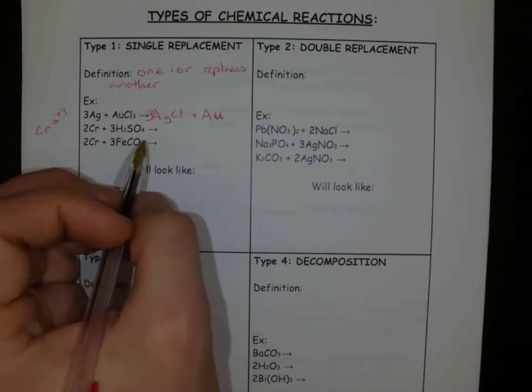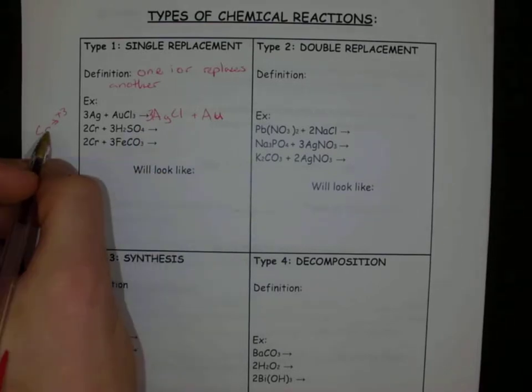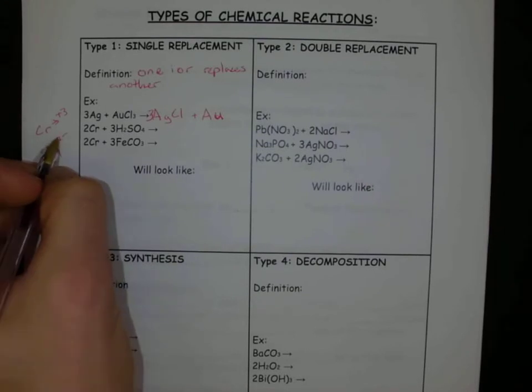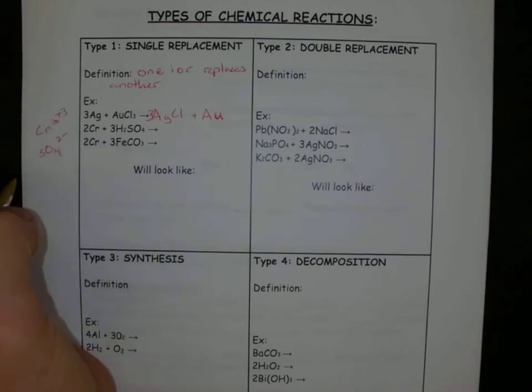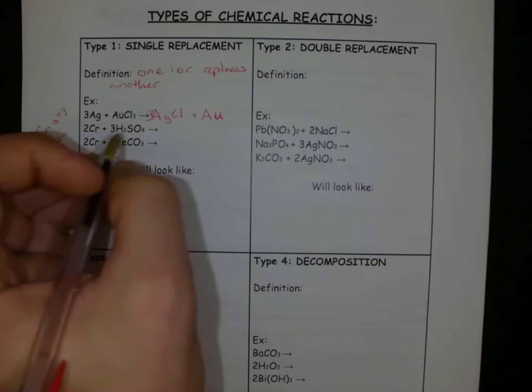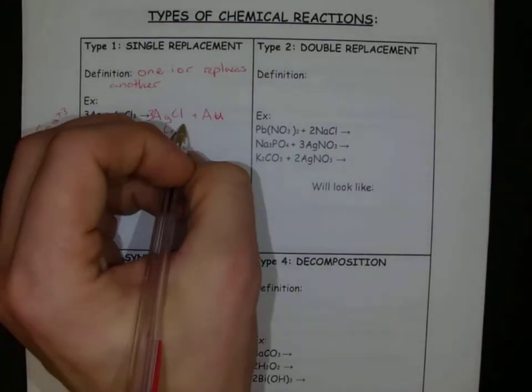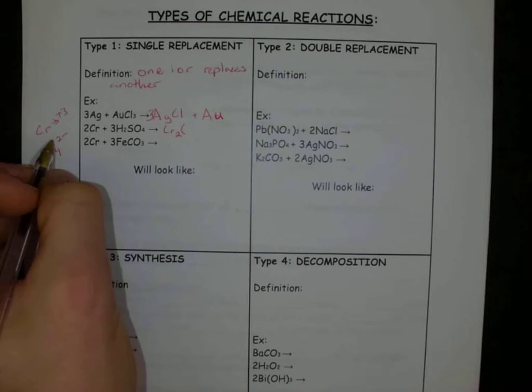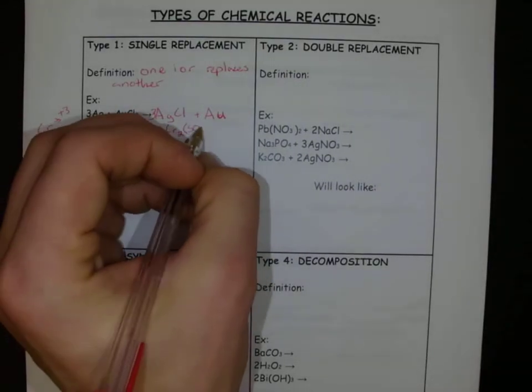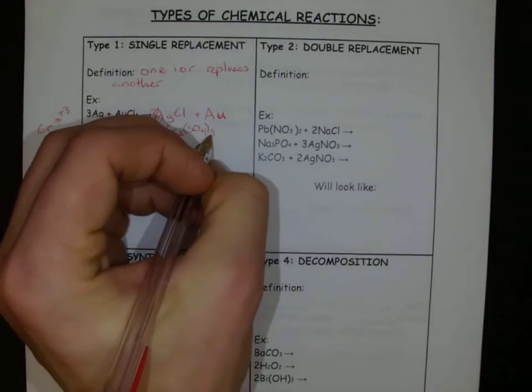I do the swap. To get this to be an uncharged formula, I need 2 chromiums, Cr2, and then I need 3 SO4s, SO4 3.